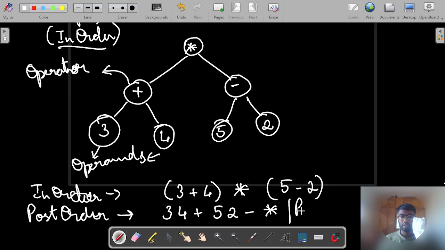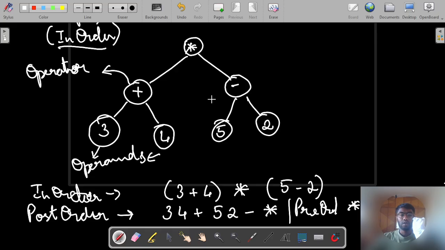And pre order is where we have the operators at the beginning. So these are the different ways of representing this specific expression, right?